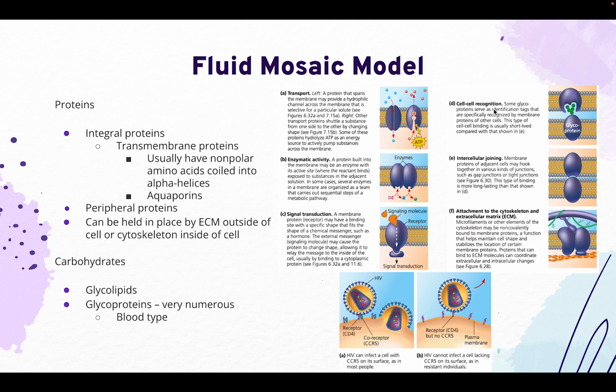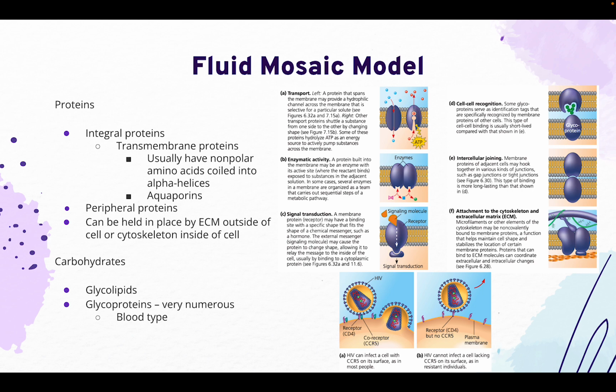What's interesting about this is actually how blood types work and why you can't get a blood transfusion from just anyone, right? Because you've got these glycoproteins on your cells, and there's a lot of recognition with that. Your body should be able to recognize the self from the non-self.